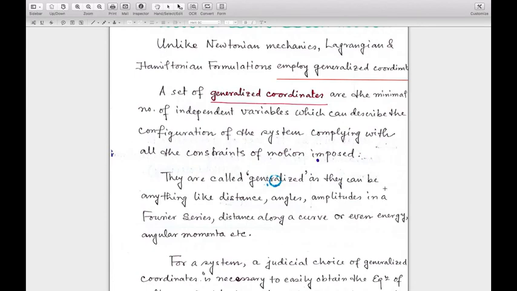Now, if I fix the surface of the sphere, that means I am fixing the radius; the sphere cannot inflate or contract radially. Then of course we need only 2 coordinates, theta and phi. So whenever we have some constraint, the number of degrees of freedom may reduce.